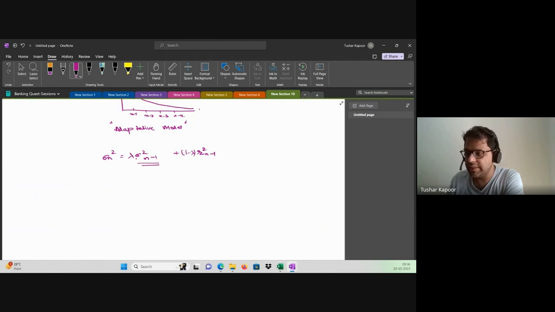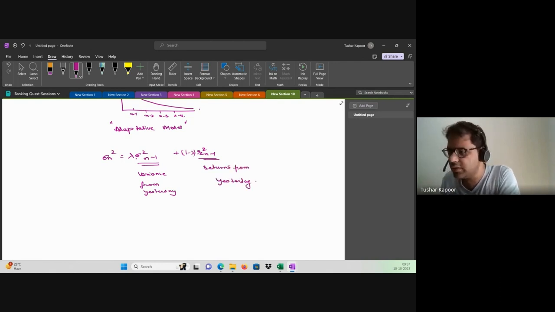So this is basically saying the variance from yesterday, and this one is saying the returns from yesterday. Okay, so these are the two important things that we are considering.